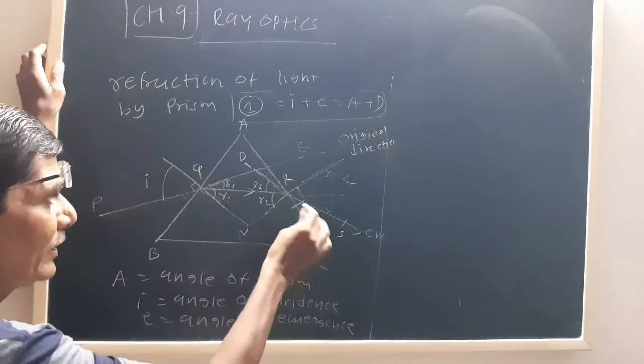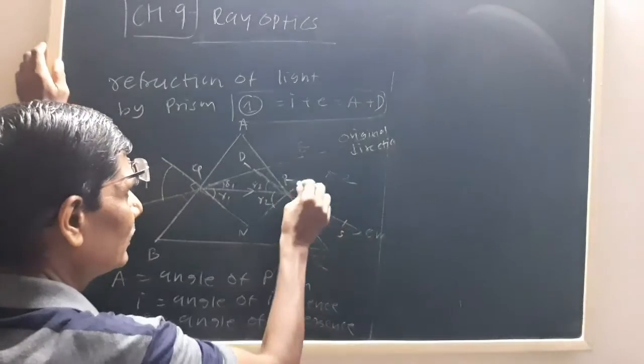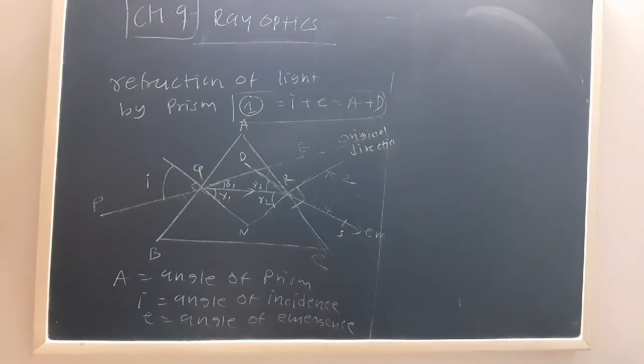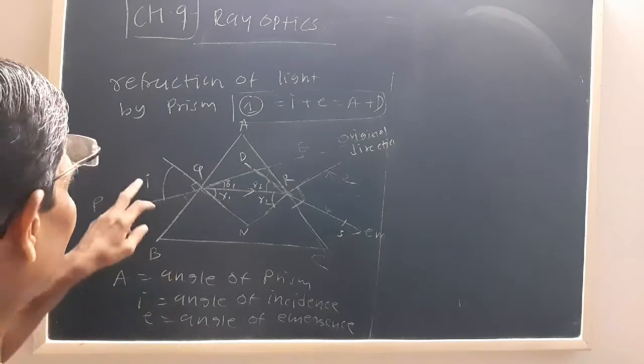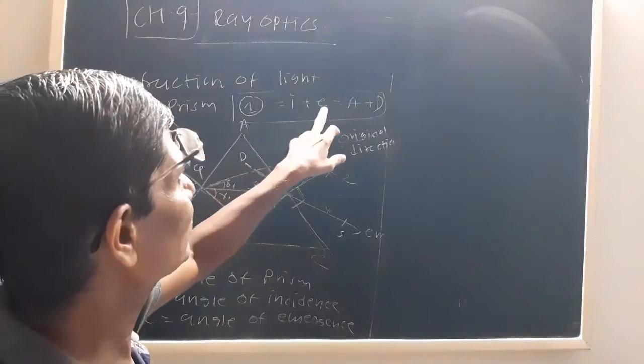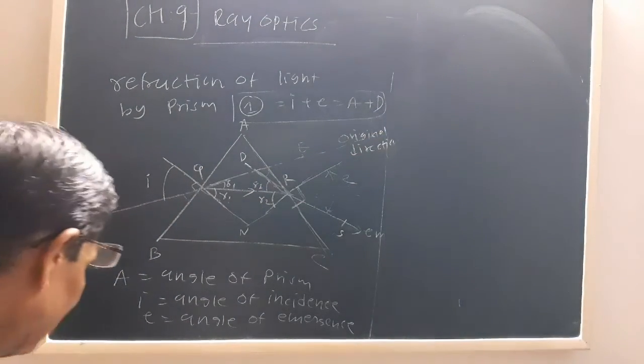Instead of going in a straight path, it will move away from the normal. So this E is the angle of emergence. Now I is equal to delta 1 plus R1, E is equal to delta 2 plus R2, and by using the geometry of the figure, we have proved I plus E is equal to A plus delta.